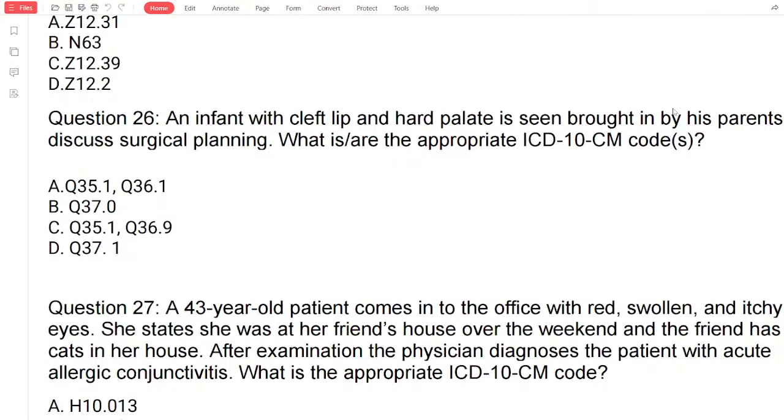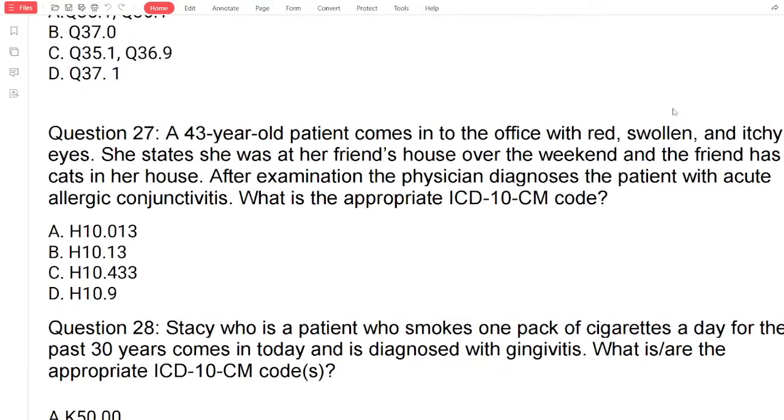Yes. Mohini, check the code here. D is the correct answer. Q37.1 is the correct answer. Just check the codes. Yes, I got it.